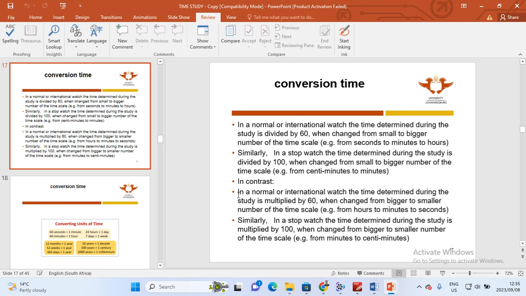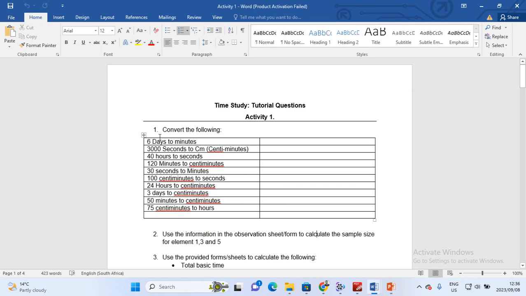In contrast, in the normal or international watch, the time determined during the study is multiplied by 60 when changed from a bigger to a smaller number of the time scale. Similarly, in a stopwatch, the time determined during the study is multiplied by 100 when changed from a bigger to a smaller number of the time scale. That being read, we go back to the activity.